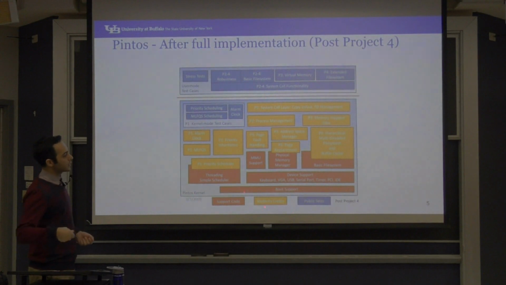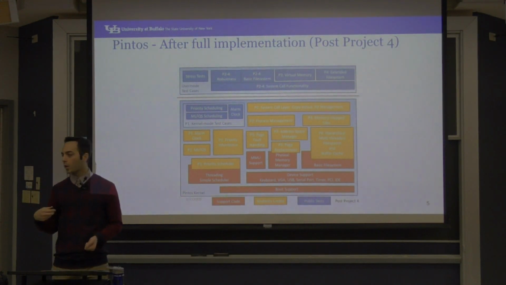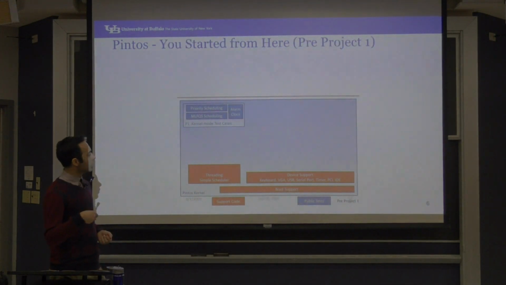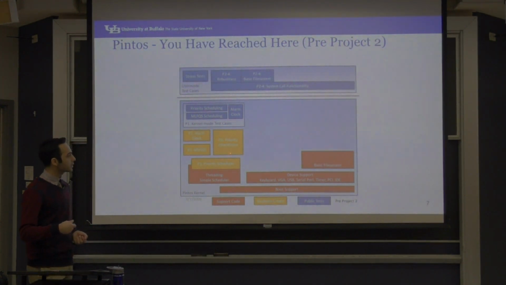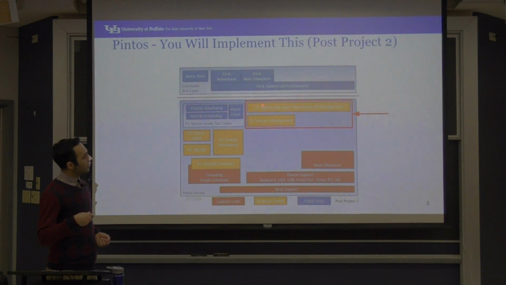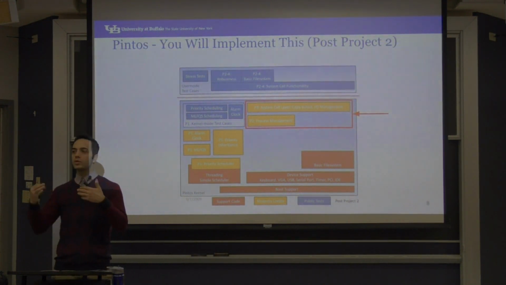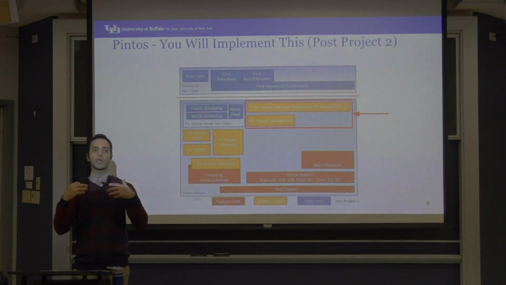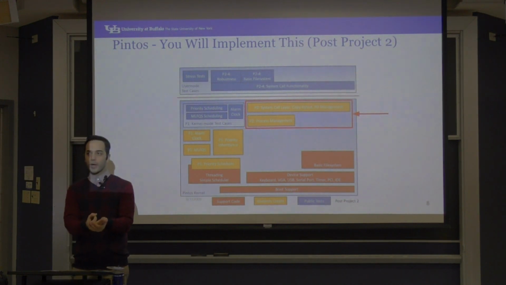If you remember, this is the full Pintos implementation after Project 4, which you're not going to implement. You started with this before Project 1, and it was just a basic kernel, and then you started implementing some of these: MLFQS, alarm clock, priority, and priority scheduler. And then in the second project, you're going to implement the system call layer, which is the way user programs and the operating system interact, and the user programs request the operating system to do I/O for them.